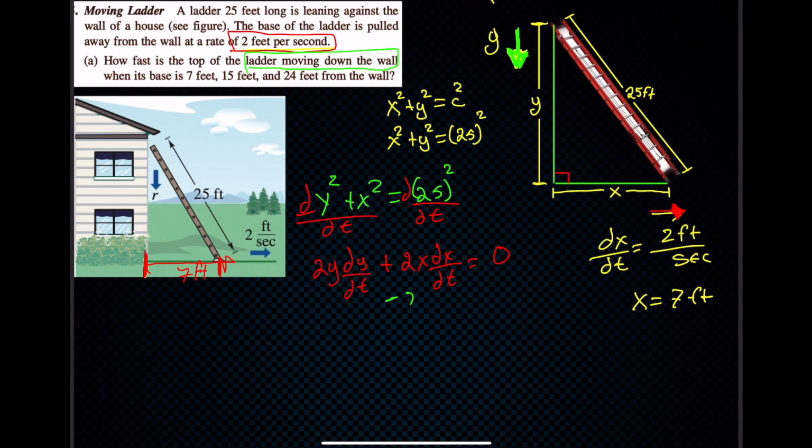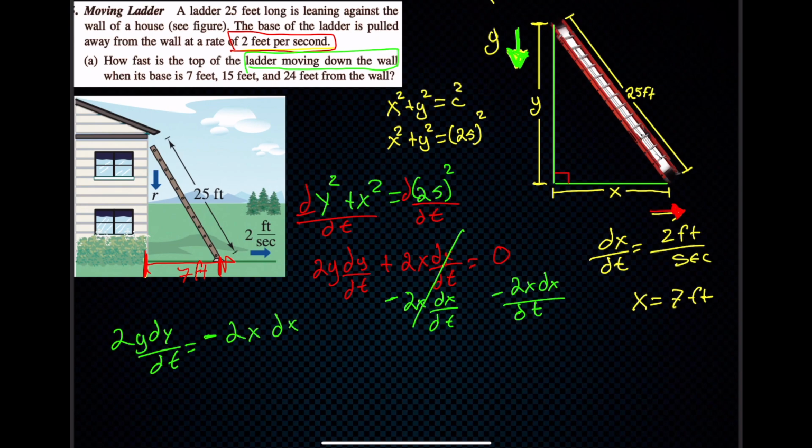If I move 2x dx/dt over to the other side, we can cross out this side, and I'm left with 2y dy/dt is equal to negative 2x dx/dt.